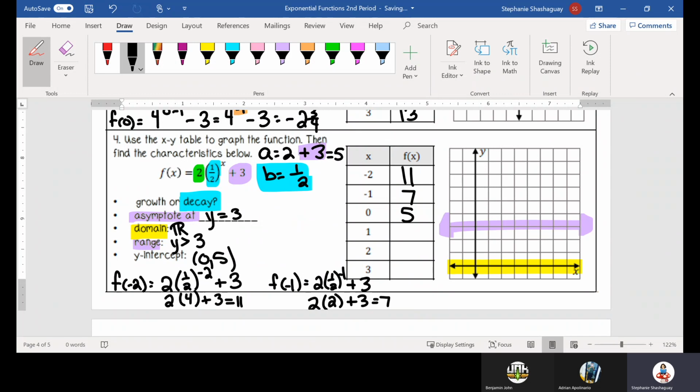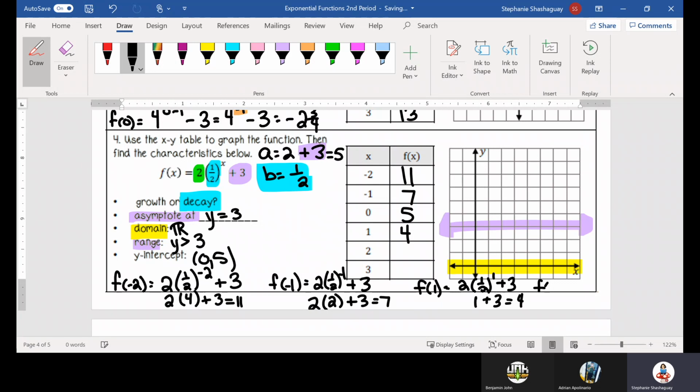We already know f of 0, and then we can find f of 1. That's going to be equal to 2 multiplied by 1/2 to the power of 1 plus 3. Well, 1/2 to the power of 1 is just 1/2. 2 times 1/2 is going to be 1, plus 3 is equal to 4.